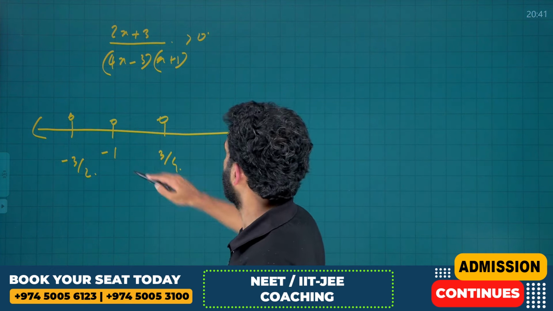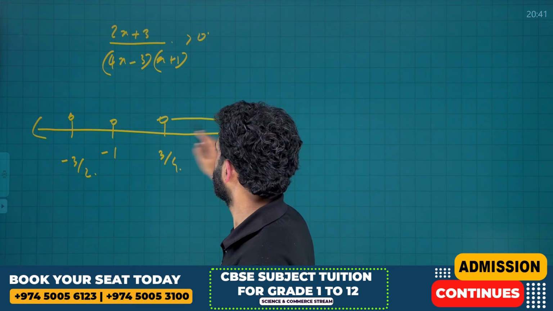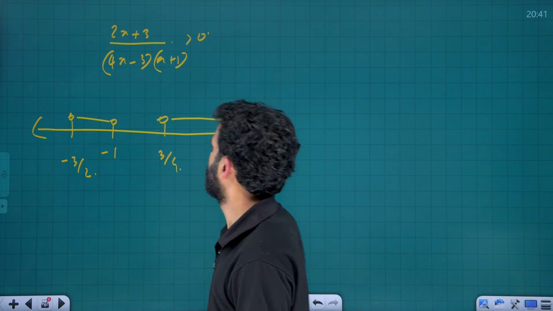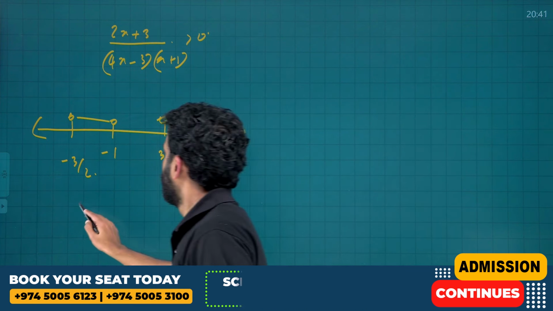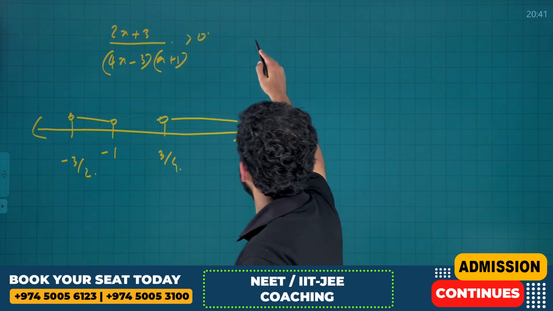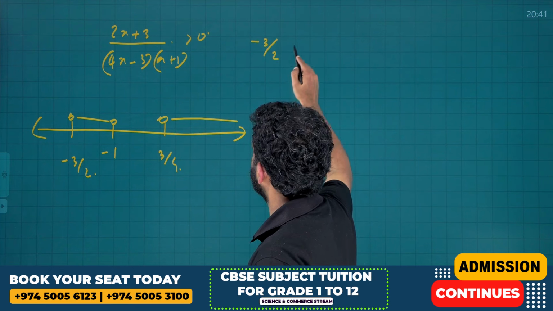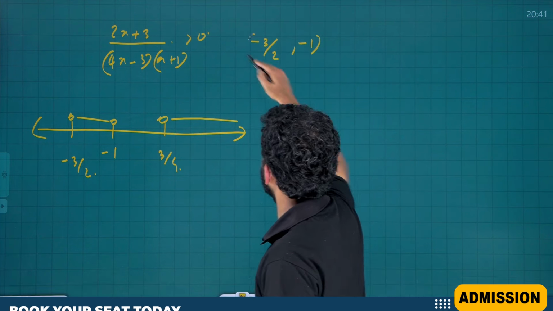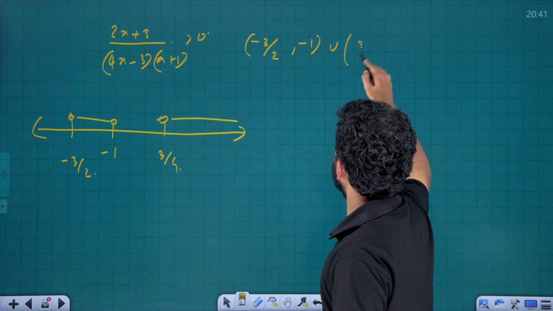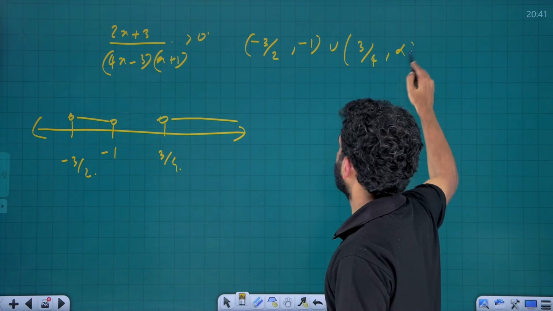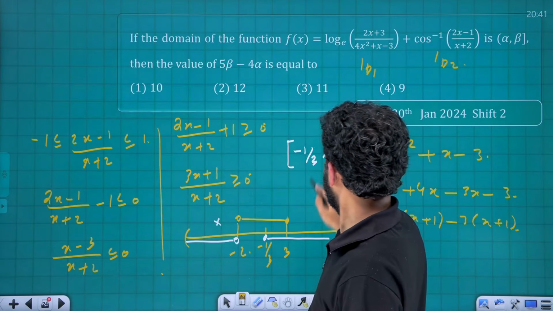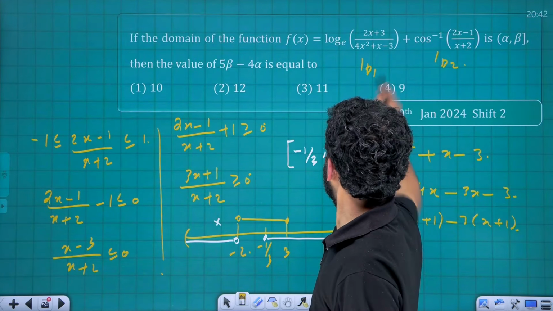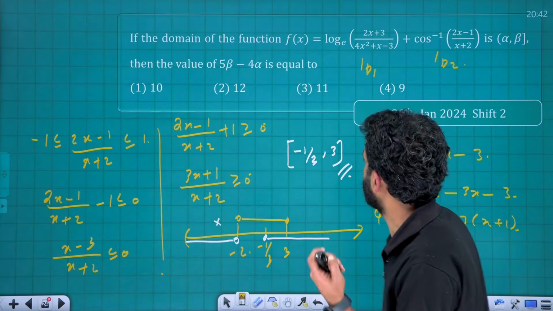It will be like this, that and that only. So the interval will be minus 3 by 2 to minus 1 open interval union 3 by 4 to infinity.